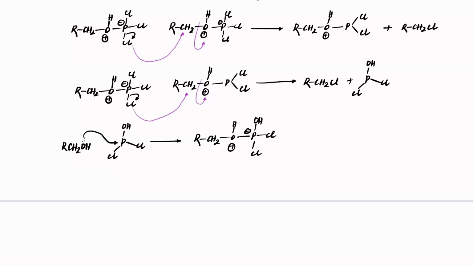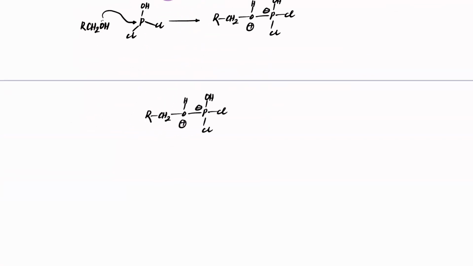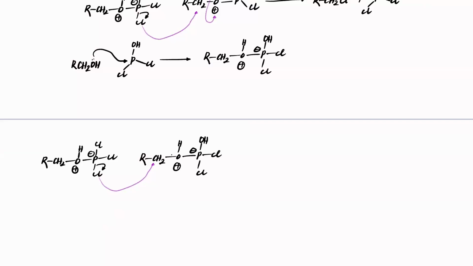So could you imagine the next molecule will again react on this position here. Okay, so where was the original molecule? This one. This will again make a reaction on this position here like this, and that will relieve this part.